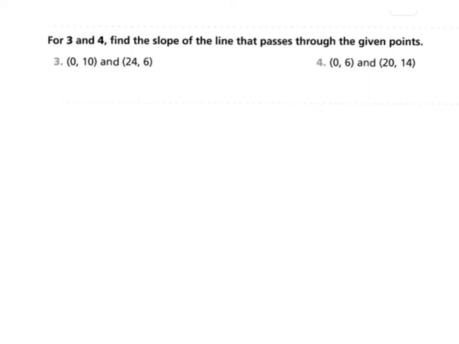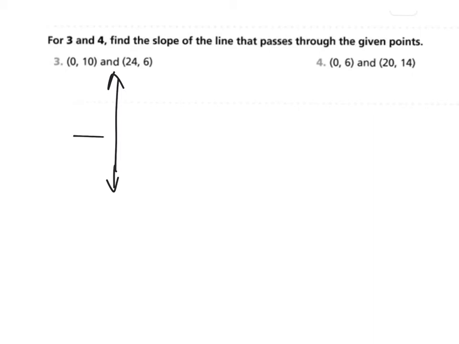Even graphing the points, if you want to, you could just sketch out a graph of approximately what it looks like. These numbers are a little bit bigger, and so I may not want to go by ones going to 24. If you want to go by 4s or 6s or something like that, that's fine.